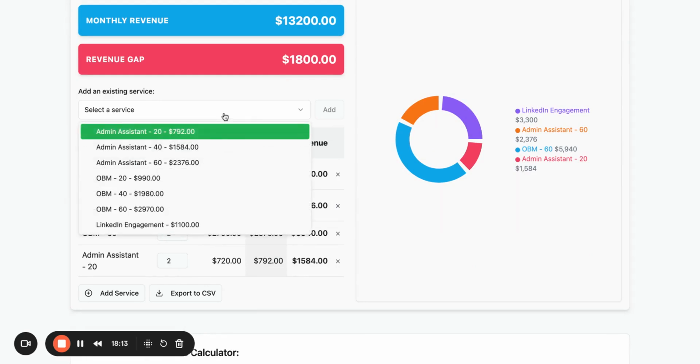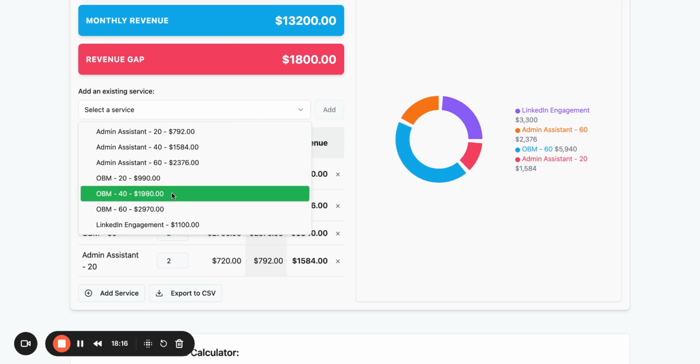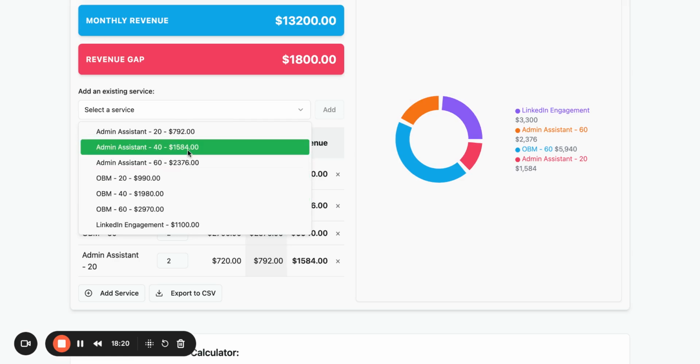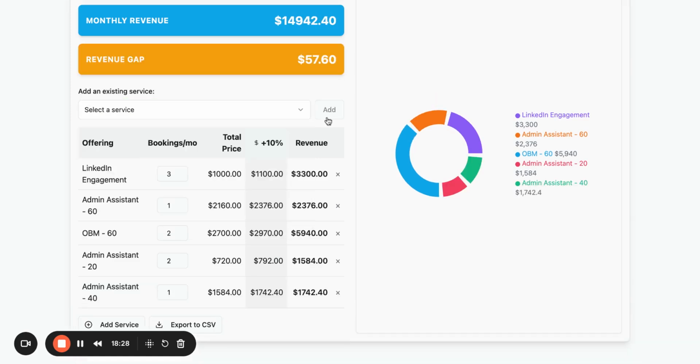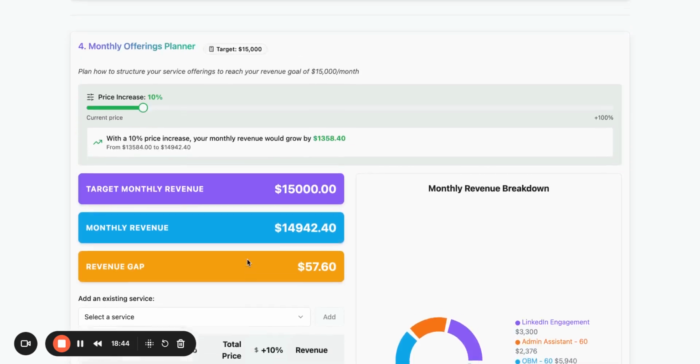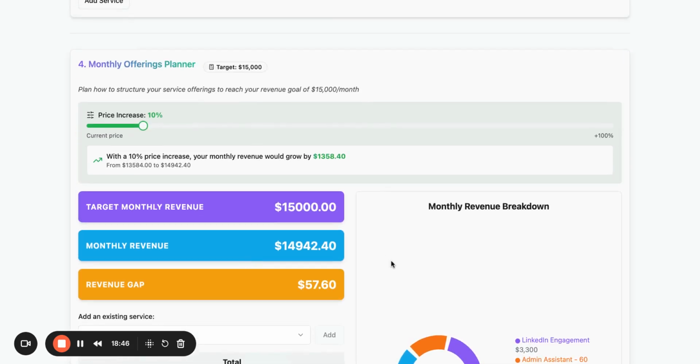But how about let's do either an OBM 40 or you can do an admin assistant and you're almost going to reach that rate. You're just going to be $57 shy, but it's just adding one new client within this package. So overall, it's just one, two, 3 new clients and a 10% increase.